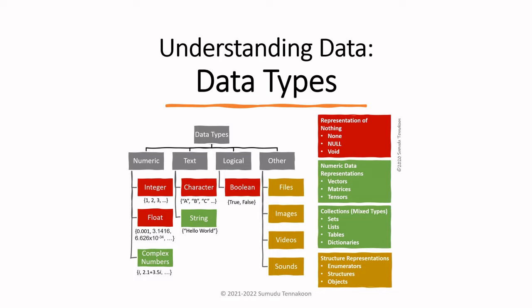We have arrays in some programming languages, right? In Python we can create arrays or lists or sets, tables, dictionaries, different data structures to store your data. And for other structural representations, you can create enumerators, structures, and objects. If you are using an object-oriented programming language like Python, you can create objects. They can fall under a data type, or you can create your own data types for those.